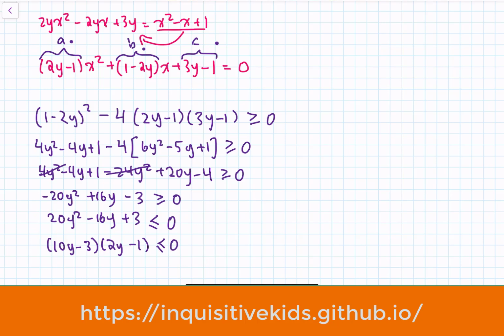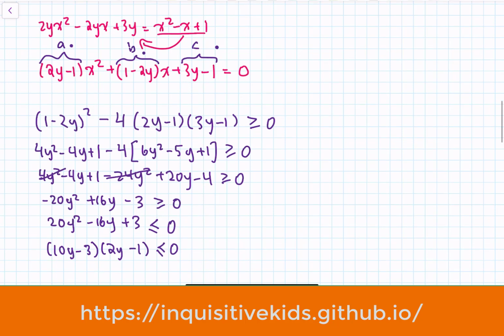So what does this mean? If we let this section be equal to 0, we would get 10y minus 3 equals 0. That means y is equal to 3 over 10. And if we let this section be equal to 0, it means 2y minus 1 is equal to 0. So then y is equal to 1/2.